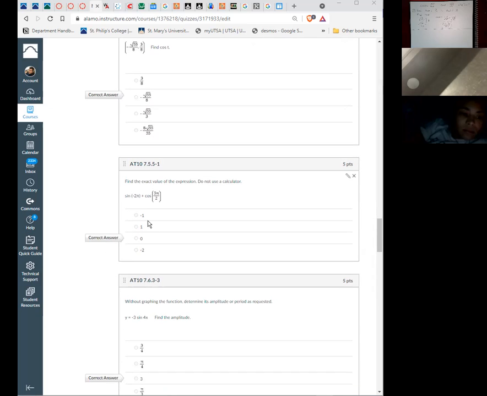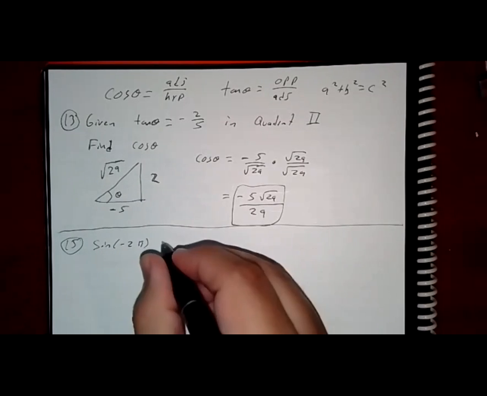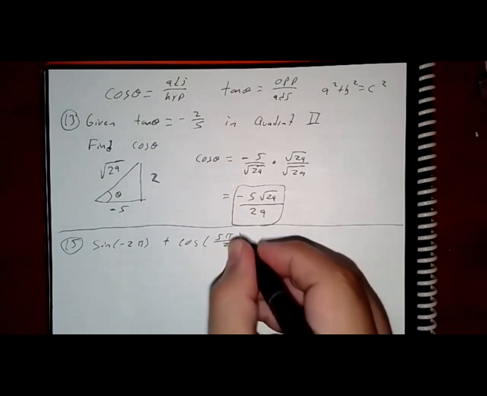For 15, sine of -2 pi is 0. Cosine of 5 pi over 2 is 0. You could try to reduce this into one circle, but there's not much to do here, honestly. Let me show you what we could do. Sine of -2 pi plus cosine of 5 pi over 2.